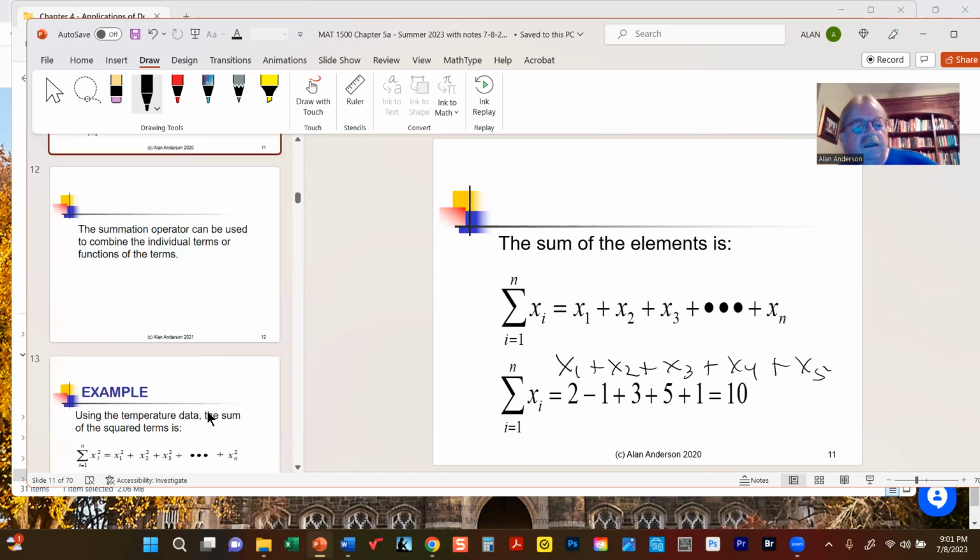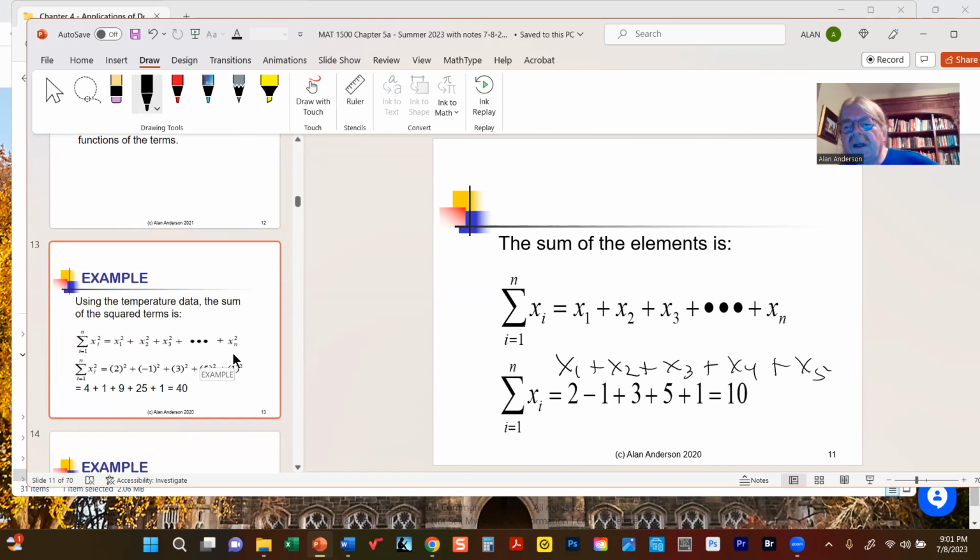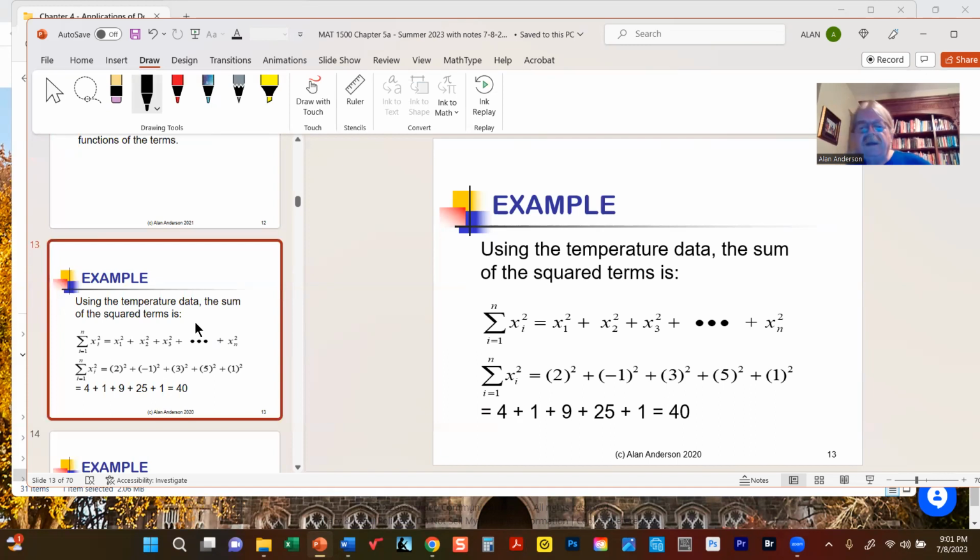All right. Now, I just want to point out that the summation operator is a lot more general than what you're seeing here. We can use it to indicate a lot more complicated scenarios. Let me show you a couple of simple cases. For example, here, this now tells me that I'm actually squaring the x's before I add them up.